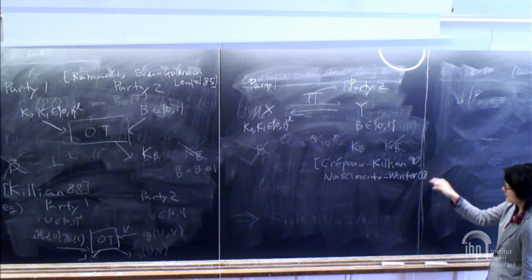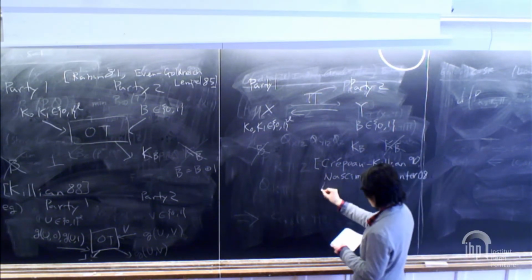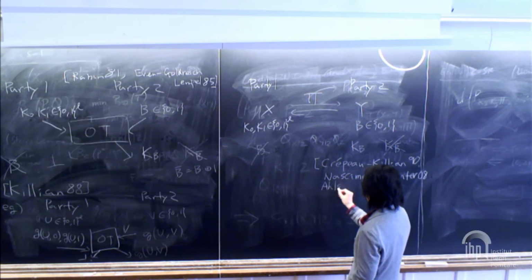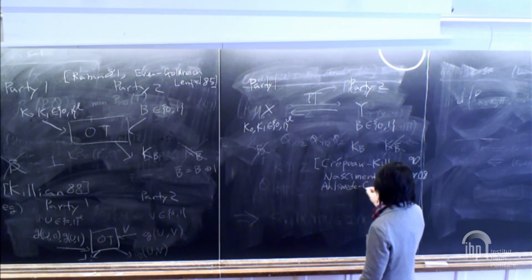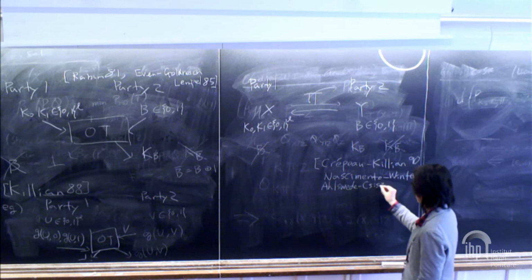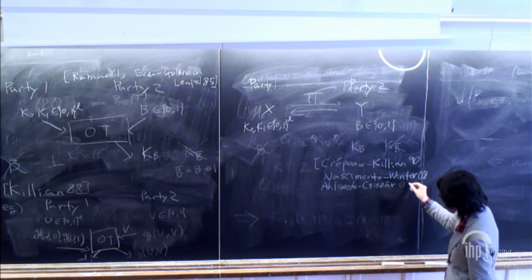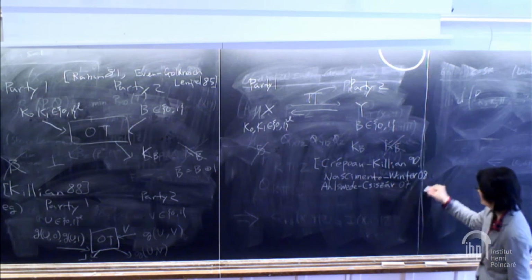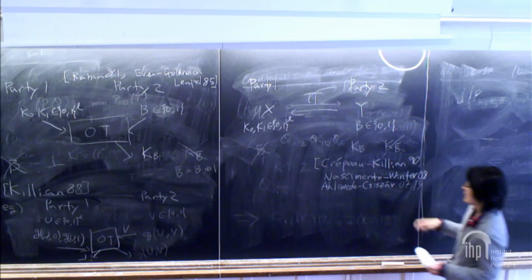The conference version appeared a little bit earlier, but the journal version is 2008, and also by Ahlswede and Csiszár. The conference version appeared in 2007, I think, and the journal version appeared in 2013.